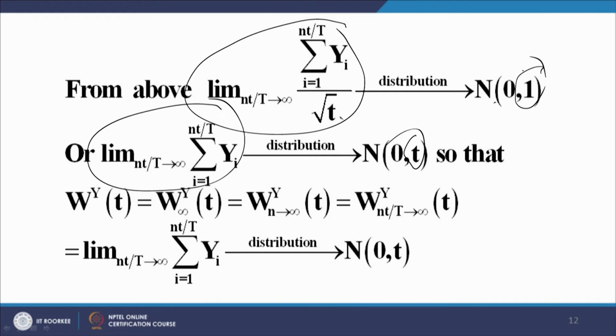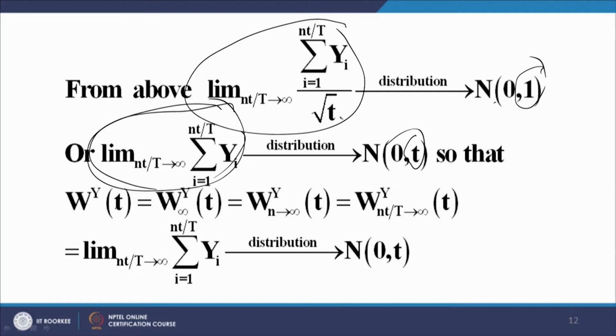The flow of time is deterministic, totally deterministic. So, because the flow of time is totally deterministic, when we take this to the right hand side, take this into the distribution, the variance will be multiplied by small t, and therefore, summation of small y i in the limit that n t upon capital T tends to infinity is normally distributed with a mean of 0 and a variance of small t.